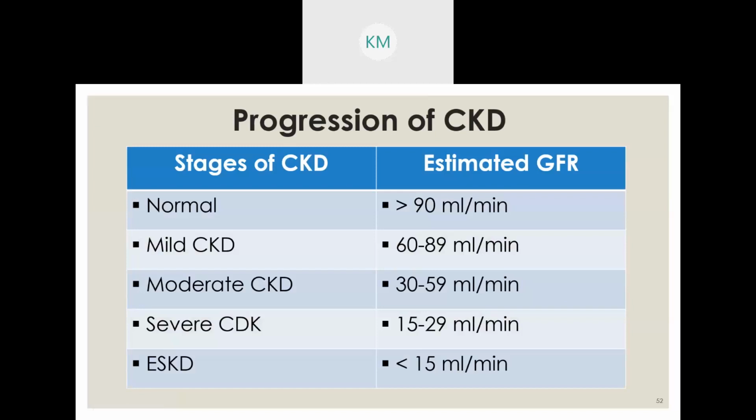Okay, so it says normal there, above 90. Actually, in chronic kidney disease or failure, this is called at risk. At risk, because it's starting right there.